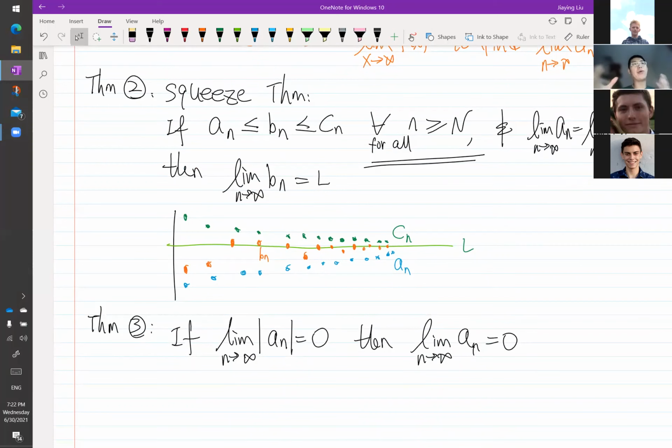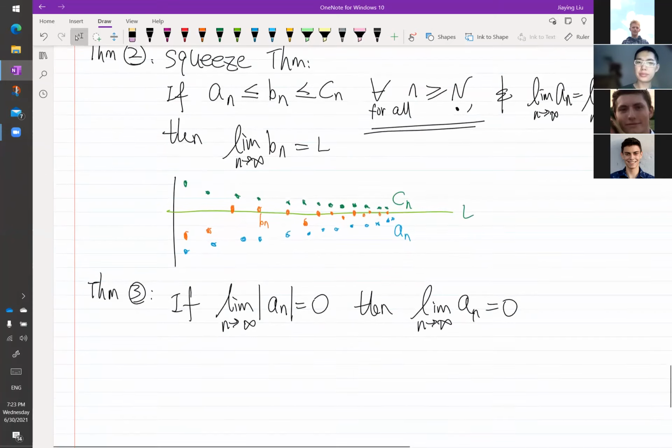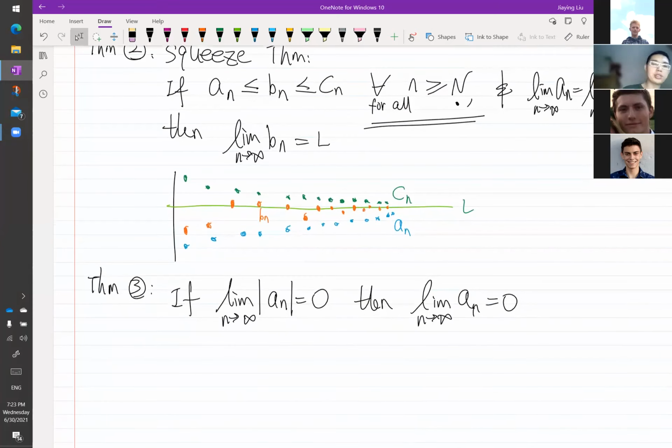Because remember that capital N is some arbitrary number, and lowercase n is just greater than that arbitrary number. So you can always redefine the n to make it work, just to be the next n or the previous n. So this equal sign doesn't make a difference. So this is the theorem.